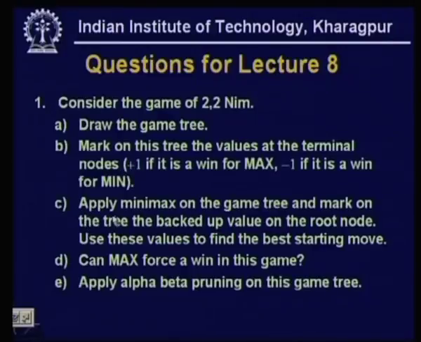Question C, apply minimax on this game tree and mark on the tree the packed up value on the root node, and use these values to find the best starting move for max. Part D, can max force a win in this game? Part E, find out if alpha beta pruning on this tree gives rise to pruning some parts of this particular search tree. Okay.